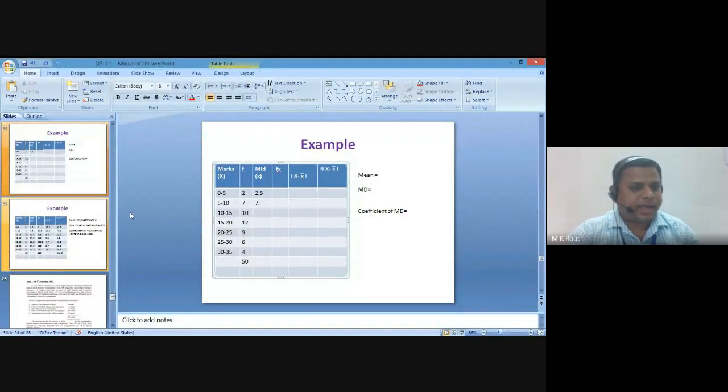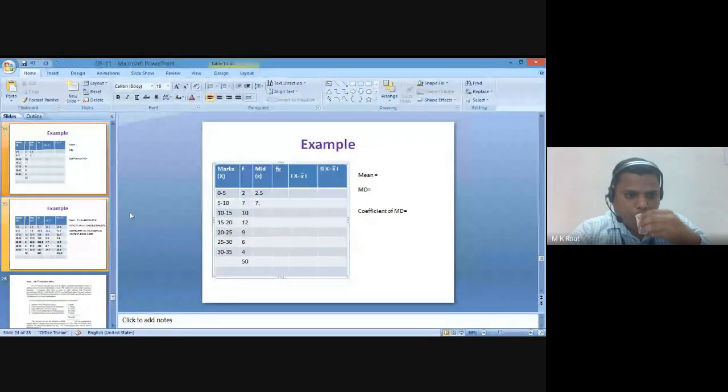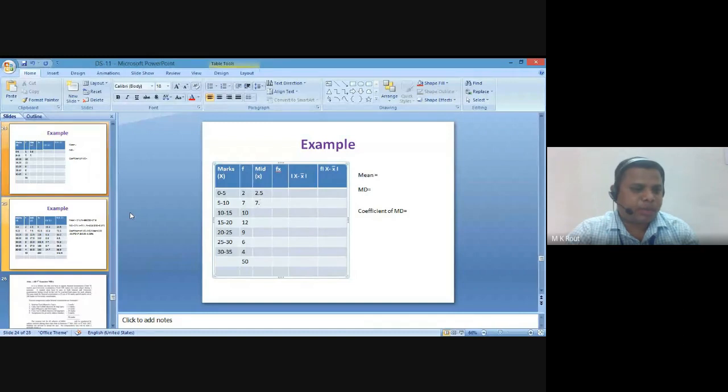The next one is 10 into 12.5. How much? 125. Then the fourth row, 12 into 17.5. That is 210. Moving to the next one, 9 into 22.5.